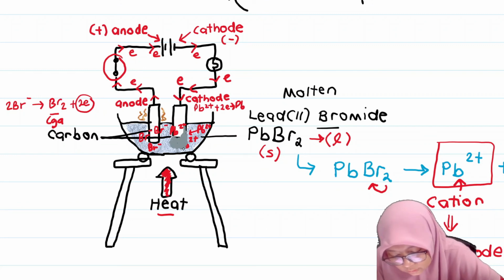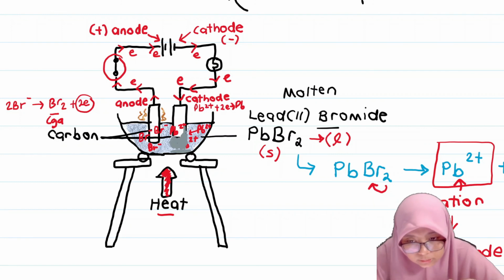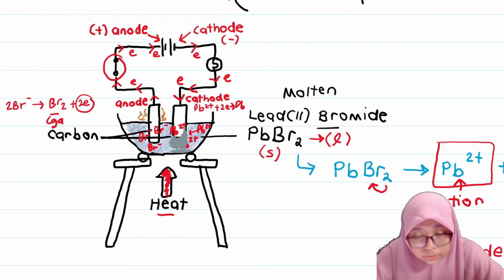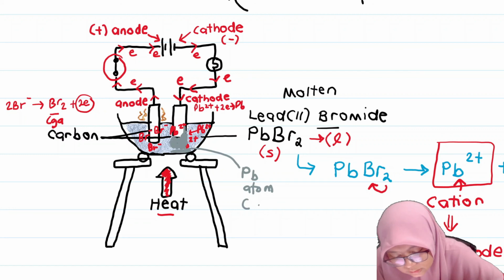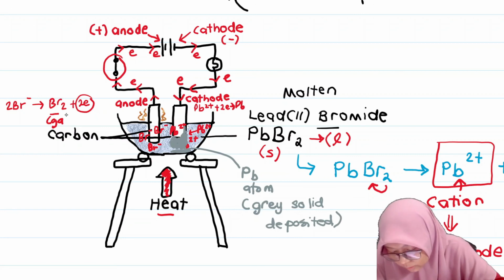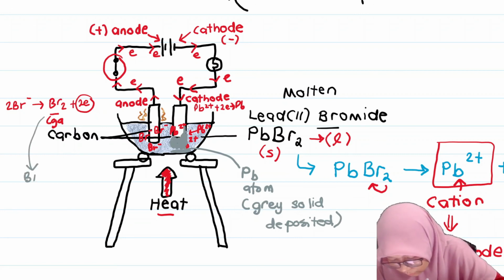And some of the lead will be collected at the bottom of the crucible because it's quite heavy compared to the liquid. The lead atom color is grey solid, so you can see that grey solid deposited. For the bromine, you can see bromine exists as brown gas, so brown gas is produced.